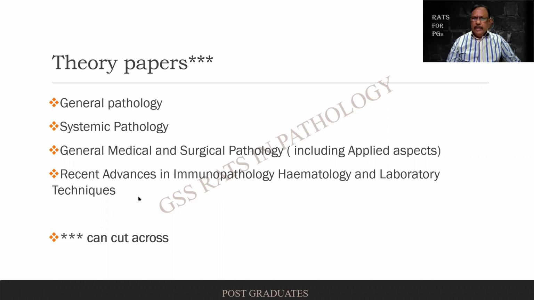These have been worded so and arranged according to the guidelines provided by the Medical Council of India and then the National Medical Commission. It is a dictum that recent advances, immunopathology, etc. should be there, and therefore they have found a place somewhere.